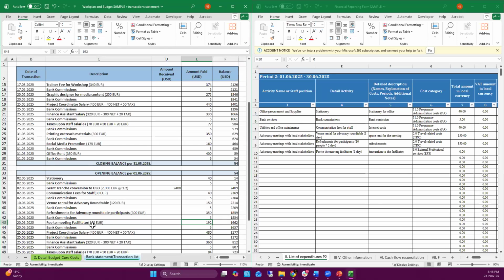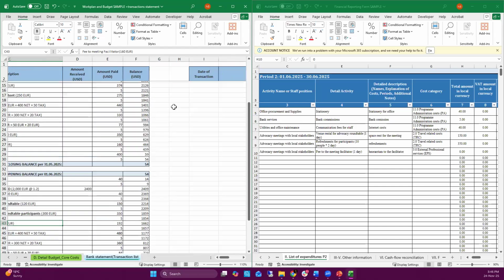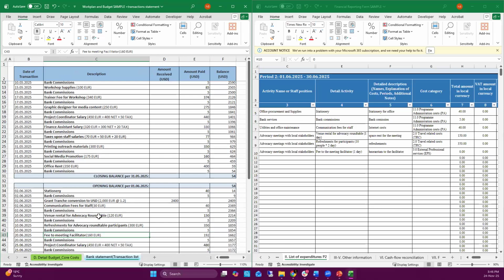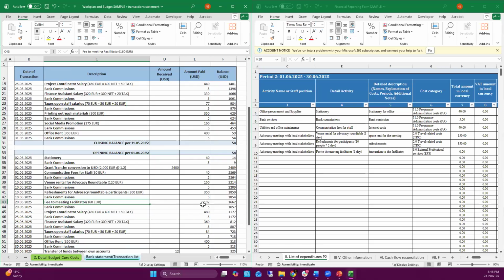So once again, if we know how much is budgeted in euros while contracting this person, we agree with this person that we will pay 160 euros at the rate at which we converted our tranche. So if we have a new conversion rate of 1.2, based on the term in the agreement with this facilitator, we get to this amount, 192. So that's why we have paid this amount.